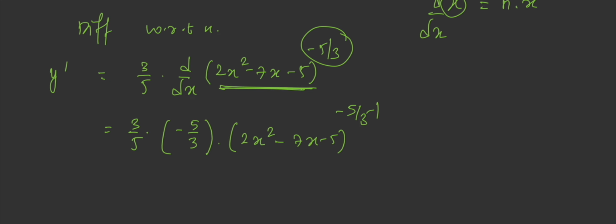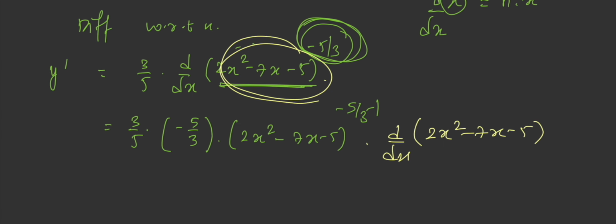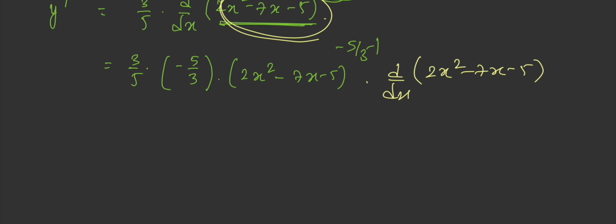That's the differentiation of this bigger part, which has power n, but we need to differentiate this inside part also. So we need the differentiation of 2x square minus 7x minus 5, and this should give our final result, right?